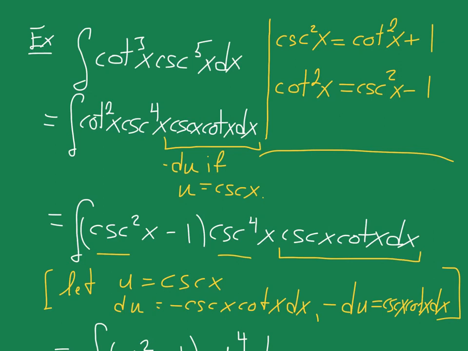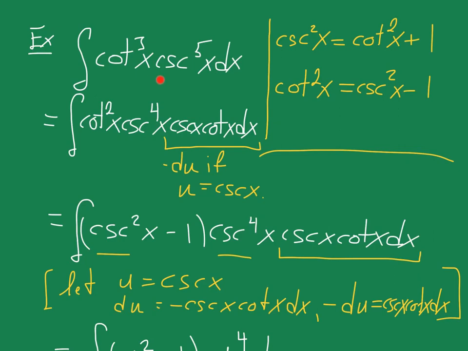All right, in general, first thing you do is try to break off either a cosecant squared x and write everything else in terms of cotan, which you'll be able to do without introducing square roots if your remaining power of cosecant is in fact even.